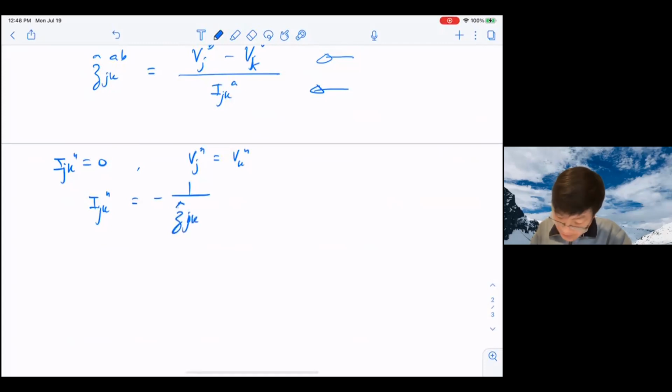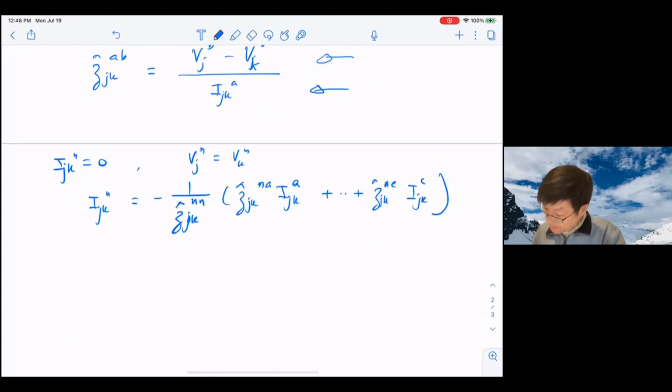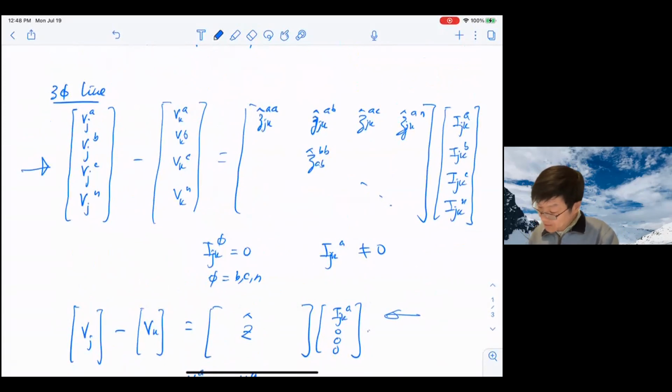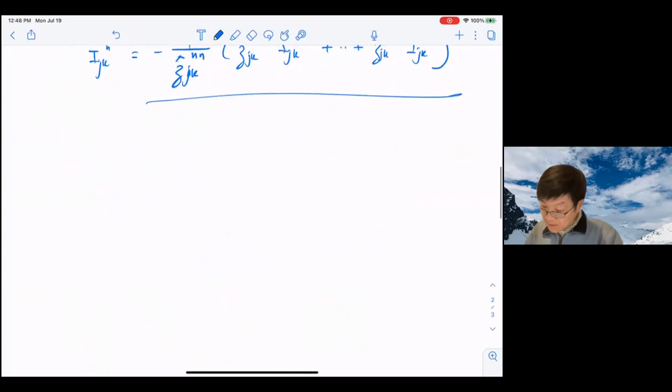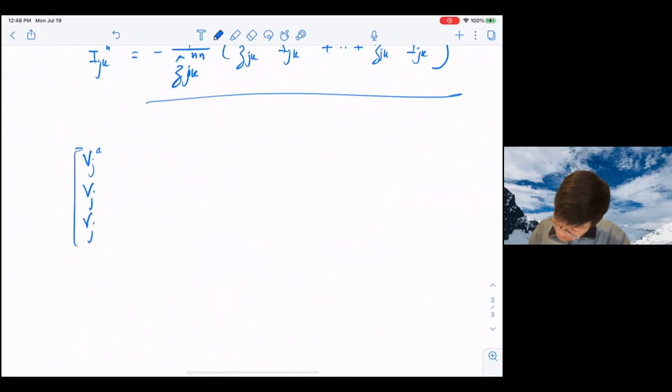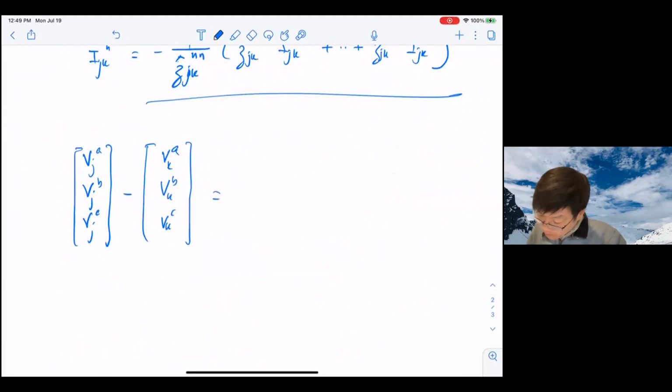So more specifically, you get I_jk^n equals minus of Z_jk^nn, the diagonal entry for the neutral line, times Z_jk^nA, I_jk^A, and so on for B and C. And therefore, if you substitute this expression back into the other equations, then you get a relationship between just the three phases: V_j^ABC minus V_k^ABC equals some 3x3 matrix.